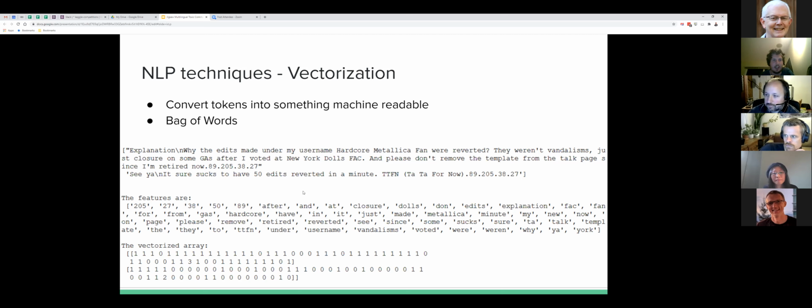So they'll just say 205, 27, 38, 50, all those can be replaced with the same token, so that the model learns that this is what a number looks like, and this is what in effect a number has on the meaning of the sentence, as opposed to trying to figure out what that number does exactly in its magnitude. So that would be a normalization technique. You could also just remove them. But yeah, I also had a comment on the next slide. That's good to know. Thanks, Matt.